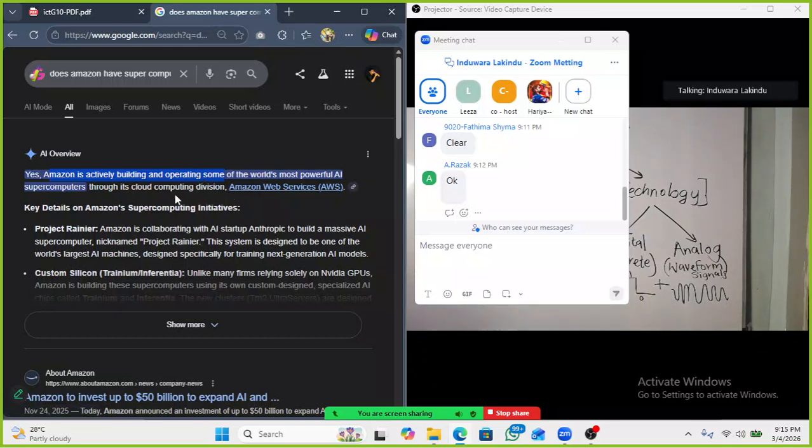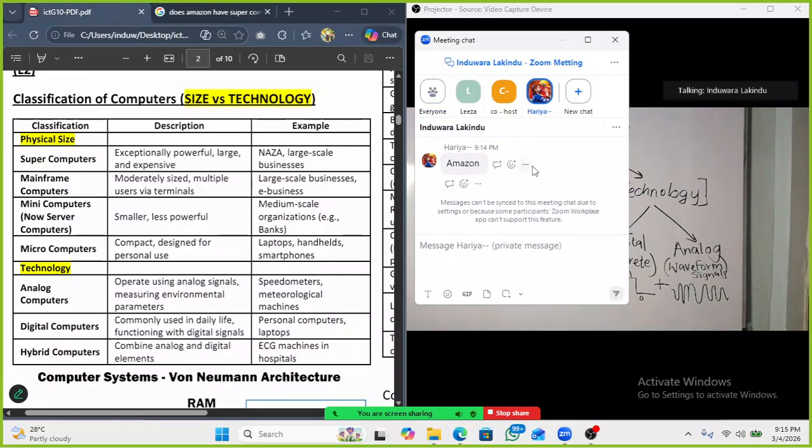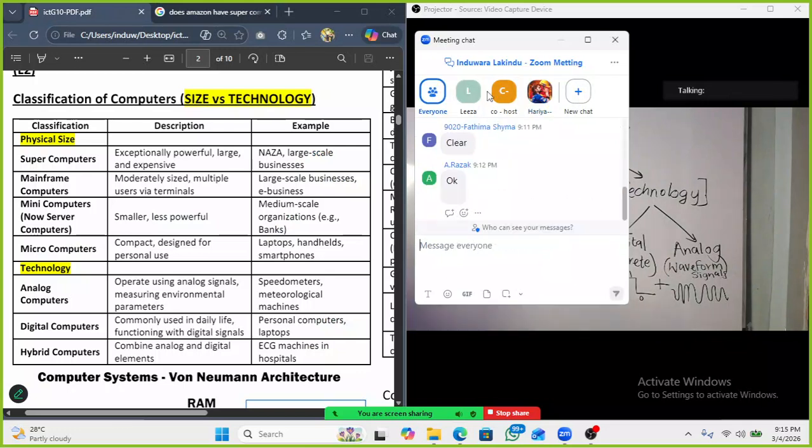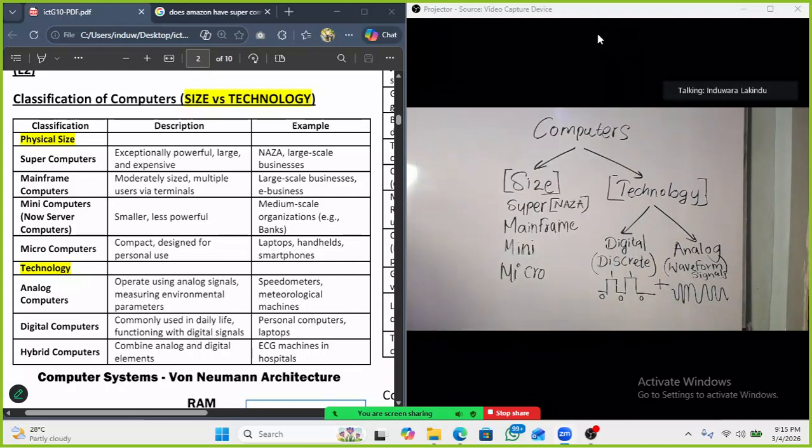They are building one. They don't have one, I guess. They are building one. So yeah, good awareness. What's your name, dear? Really good, good awareness around the world. Harikshan. Okay. Right.